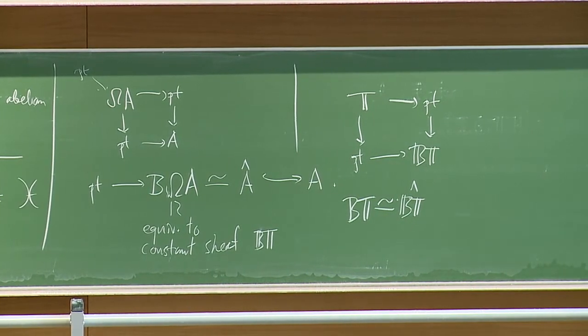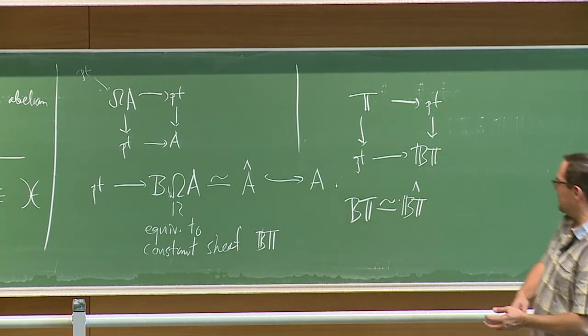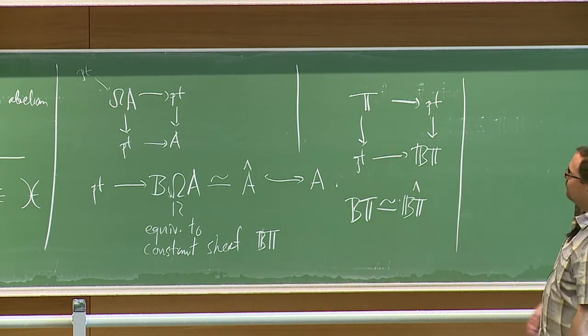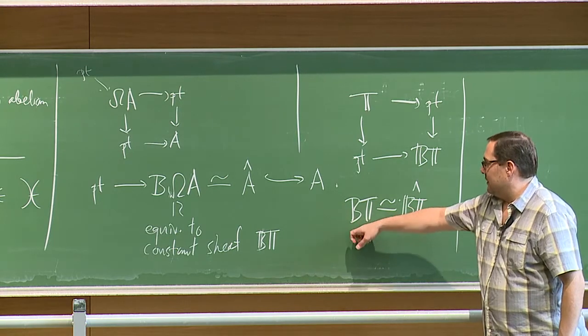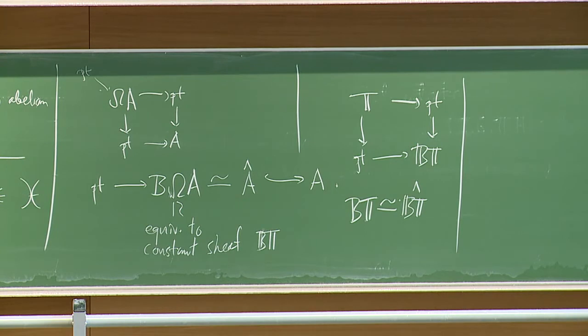So think of this as saying the formal completion of the stack BT is the space BT. And well, this is clearly the constant sheaf represented, the sheafification of that, because it's in the pre-sheaf topos.